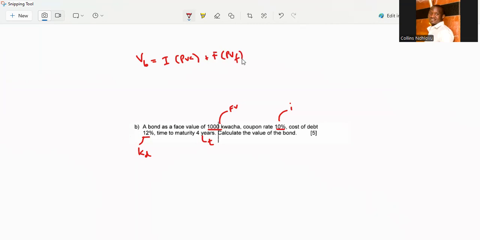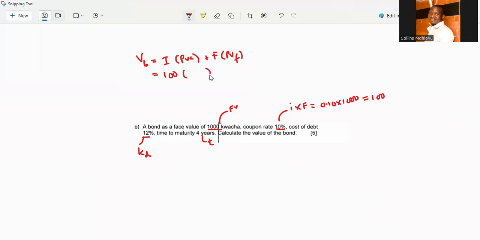All right. So how do we find the capital I? Small i times what? The face value. So 10% times 1,000. What do we get? 100. So where do we put the 100? On the capital I here.